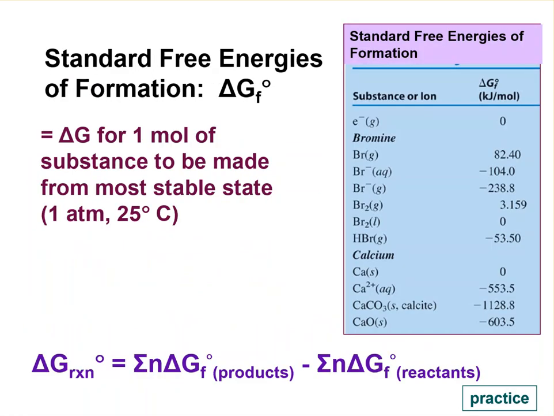Okay, we put together the enthalpies and entropies in an example to come up with Gibbs free energy, but wouldn't it be nice if we just had tables of Gibbs free energy and we could calculate the Gibbs free energy for the reaction using those instead? And we do. So let's look at an example.